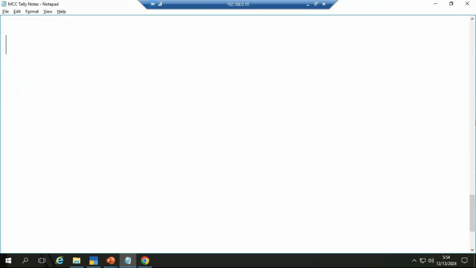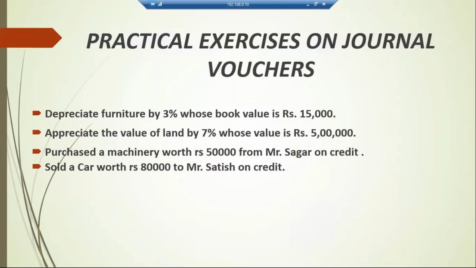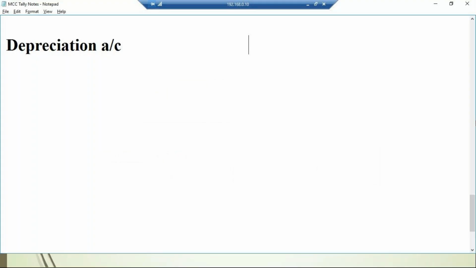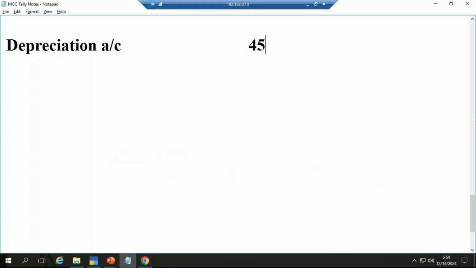The first one is depreciation account debit. 3% of 15,000: 15 threes are 45, so 450, to furniture account worth rupees 450. Enter.